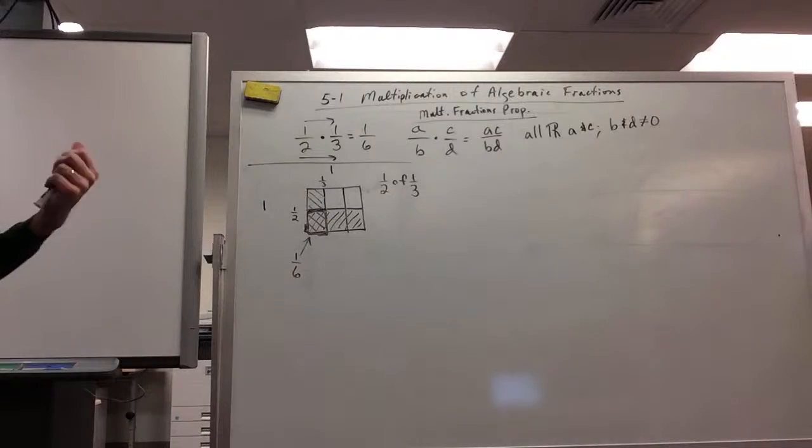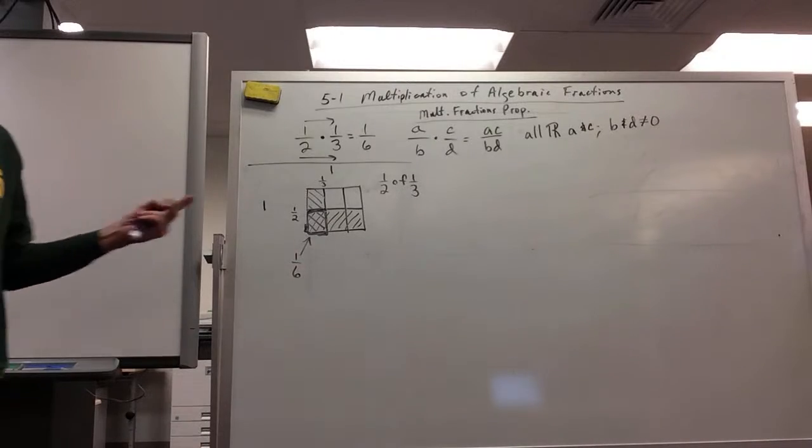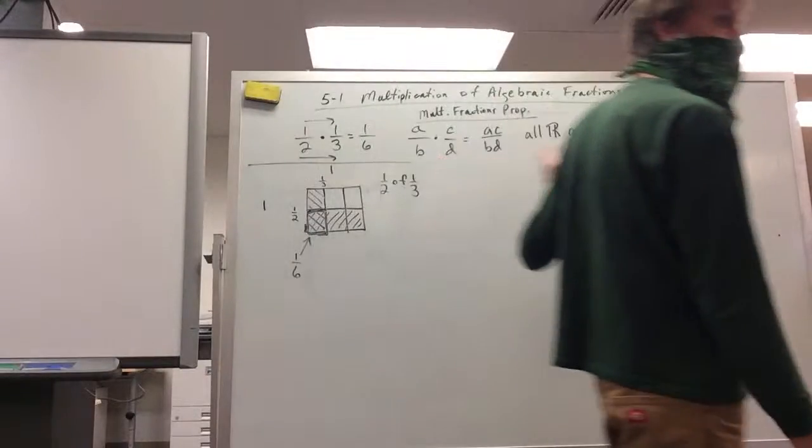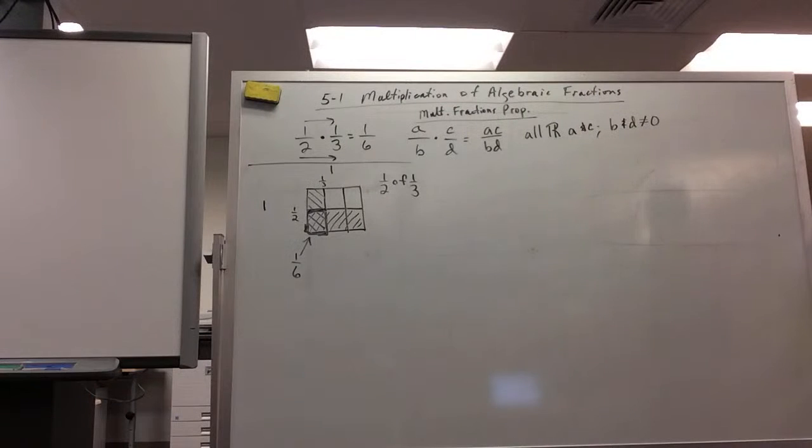So with this idea, we can represent this also. And that's what a lot of this work is: being able to make pictures of what we're doing. So we're going to do this one.